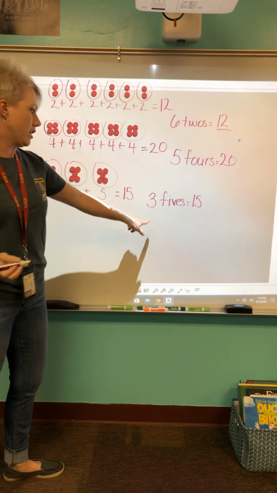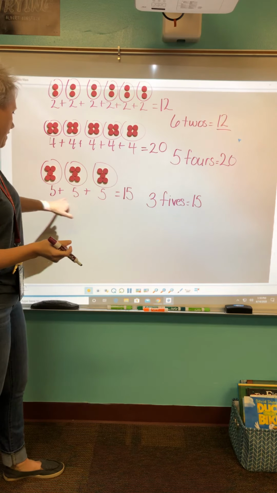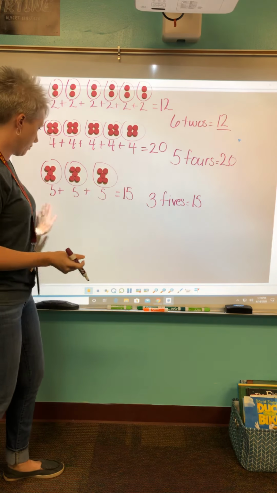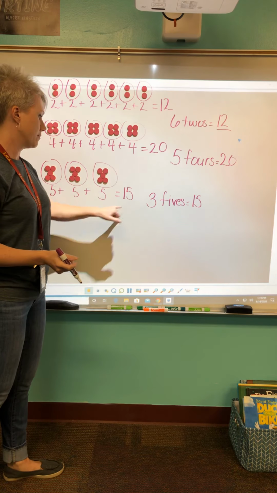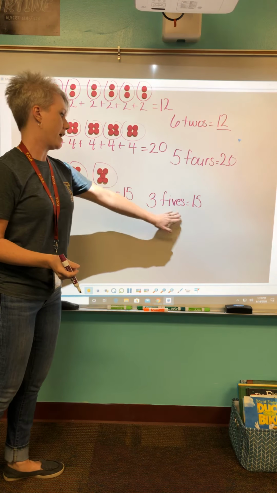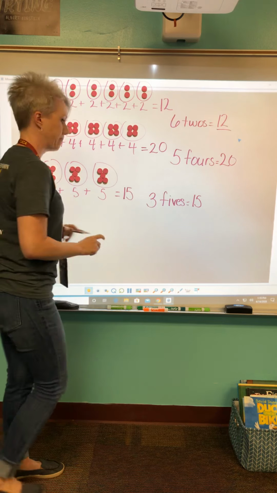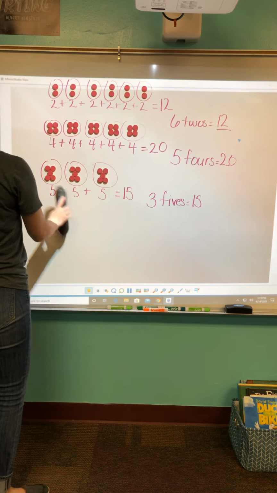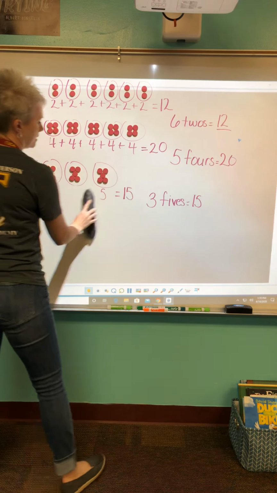I have written 3 5s. 5, 5, 5. I wrote 3 5s, added them up, equals 15. 3 5s equals 15.